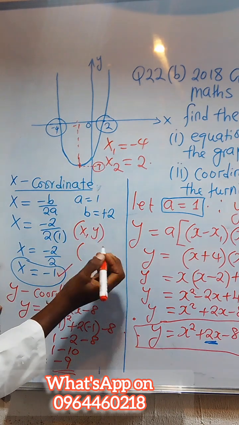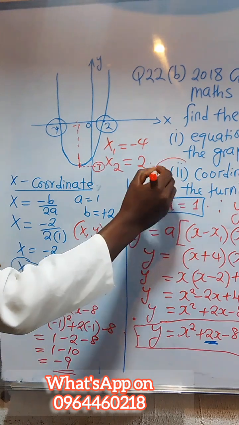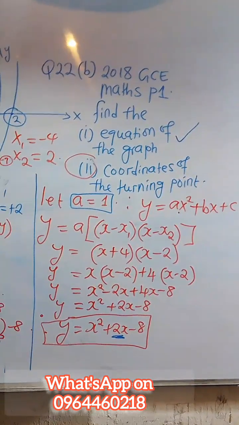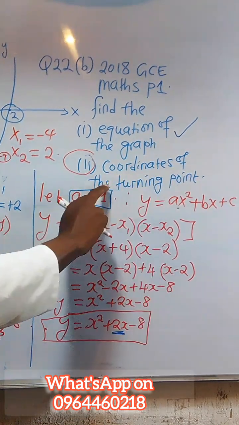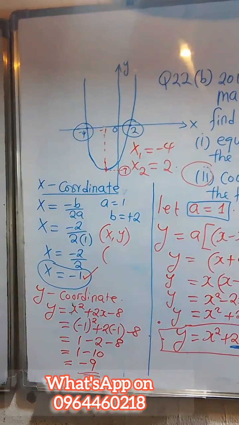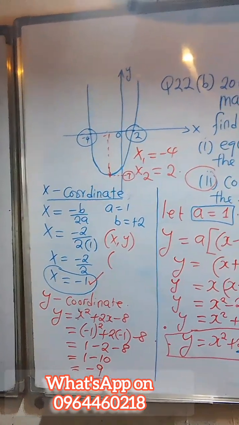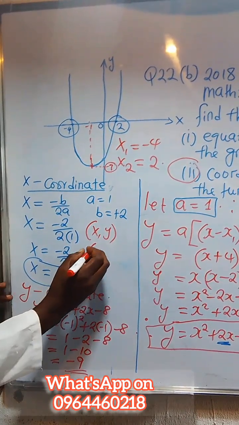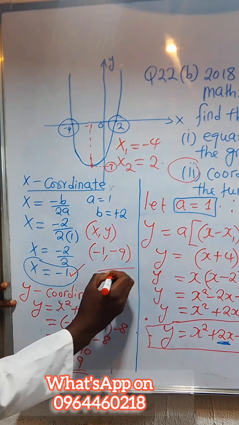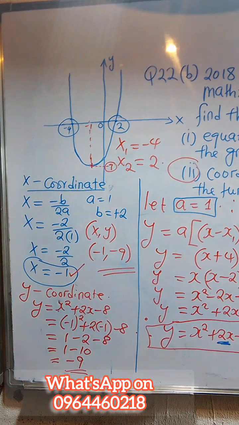So the coordinates of the turning point are negative 1, negative 9. This is our turning point.